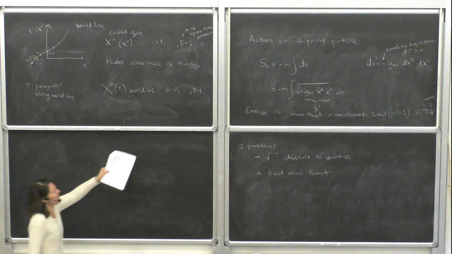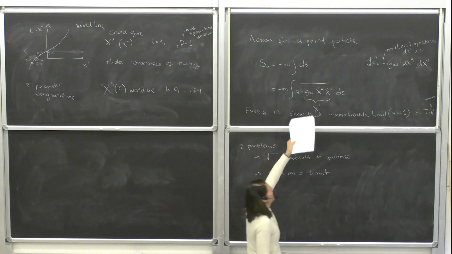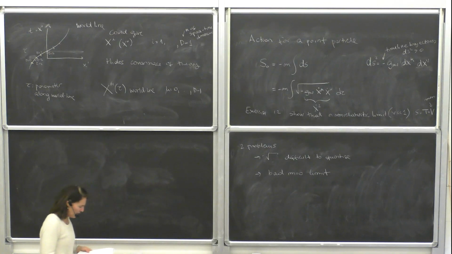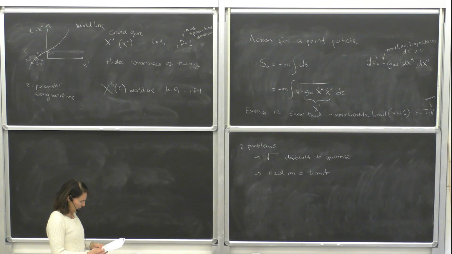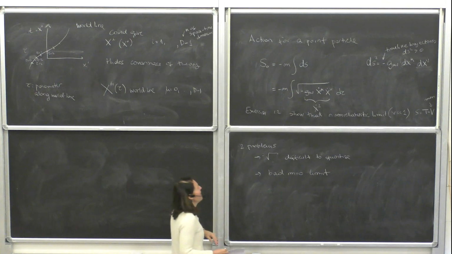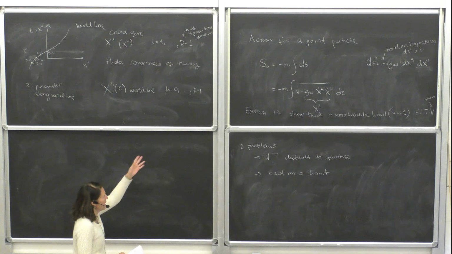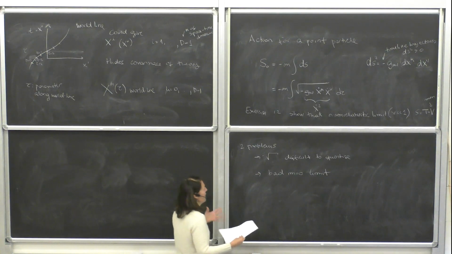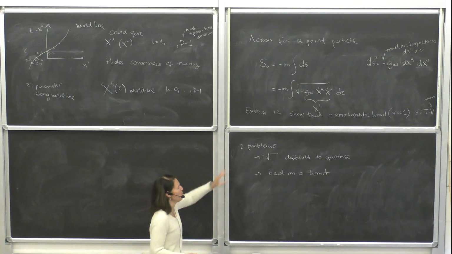Okay, so we said this action, we understand it, it's just the proper length, the length of the world line, but it has these two problems.